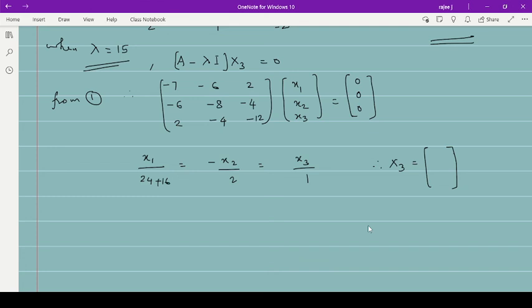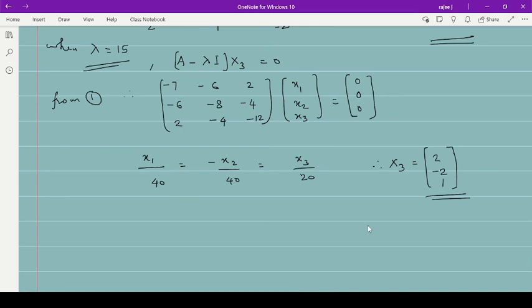Then 28 minus 2. Then 56 minus. So this is 40, 40, 20. So 2, minus 2, 1. Please check who told me first.